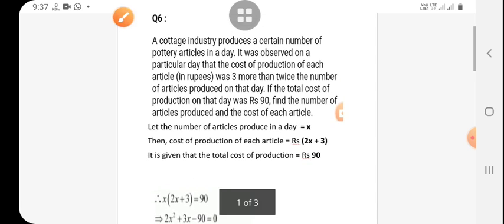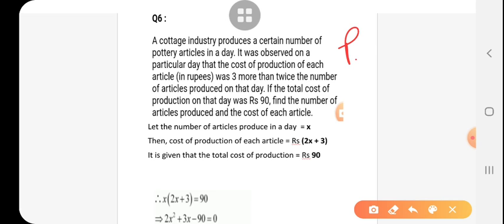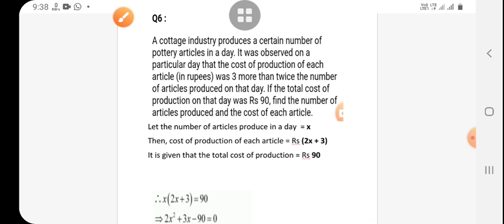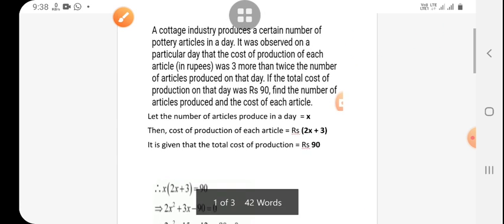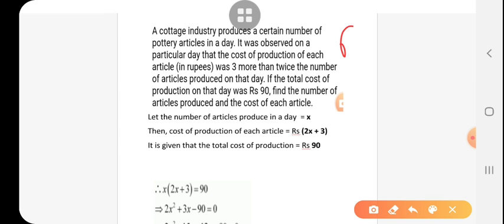Suppose the cost of a pen is equal to rupees 2. I will write it here: pen, and the cost is rupees 2. Clear?